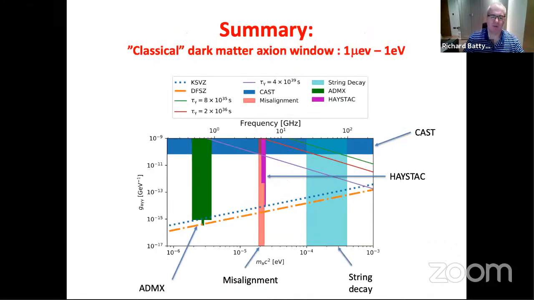So here's a summary of what we're looking for. There will be two parameters in the model. One is the mass. This pink colored line here is the misalignment production. The blue is the region where you would get them from string decays. There are already some experiments, ADMX and Haystack, which are terrestrial haloscopes, which have ruled out various regions of this space.